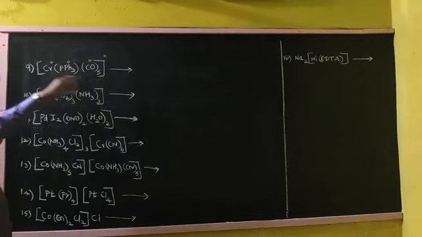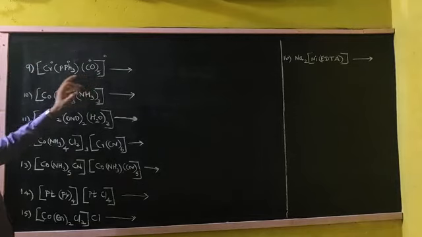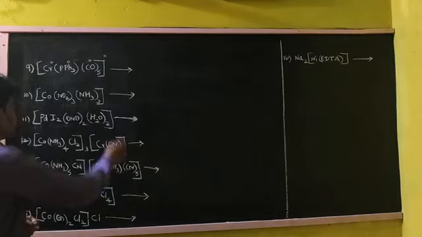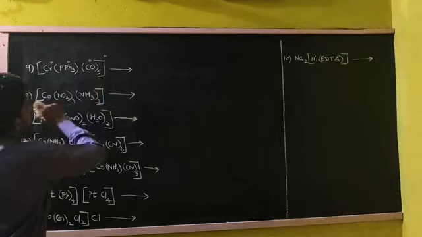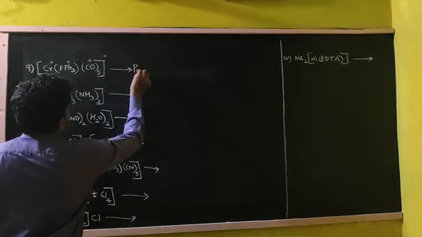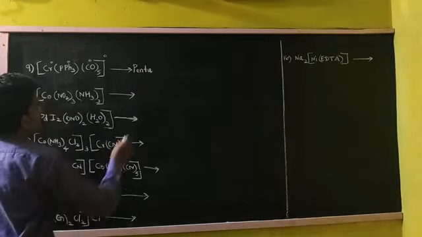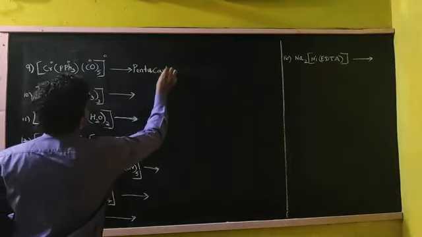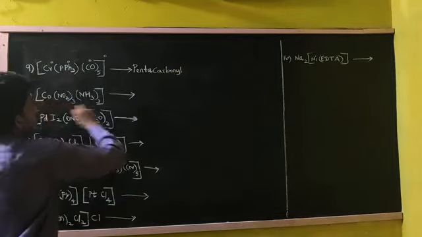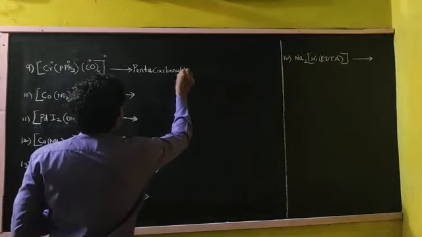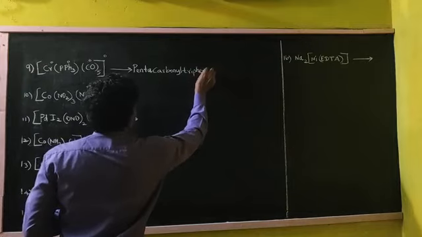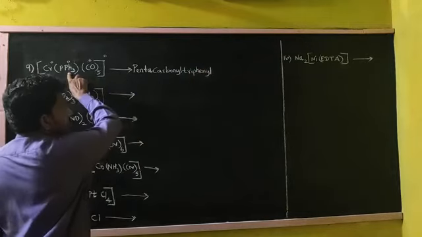So for this kind of coordination compound, how do we write the IUPAC name? According to the alphabetical order, the carbonyl will come first. So 5 means pentacarbonyl. 3 means triphenyl. Ph means phenyl. Phenyl is C6H5 actually, right?